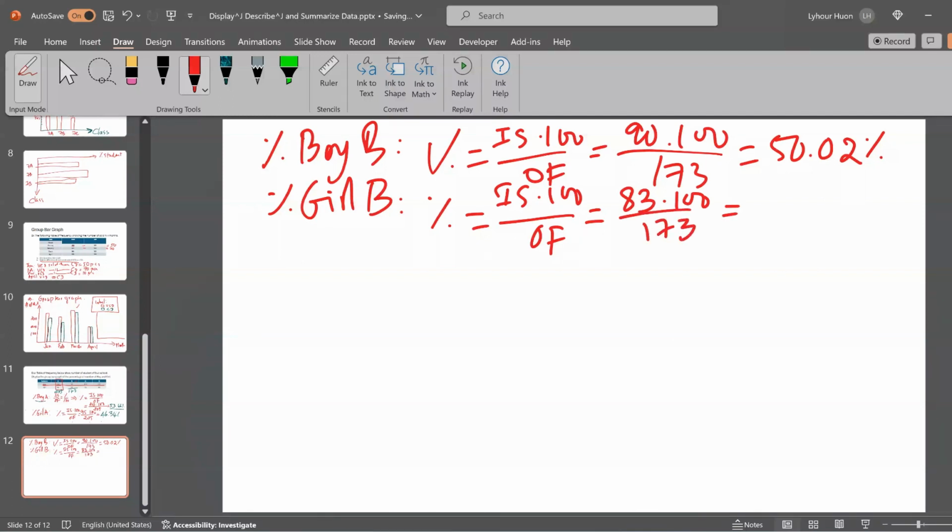What is the result? 47.97. Wait, the answers for boys and girls added up should be 100%. I think it's not reaching 100. Some error of calculation.